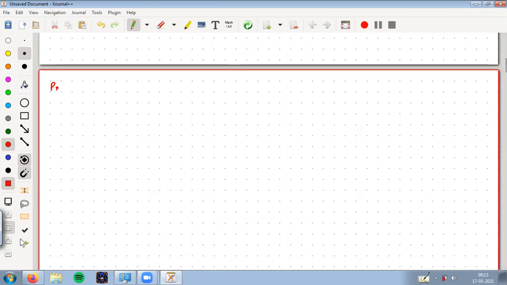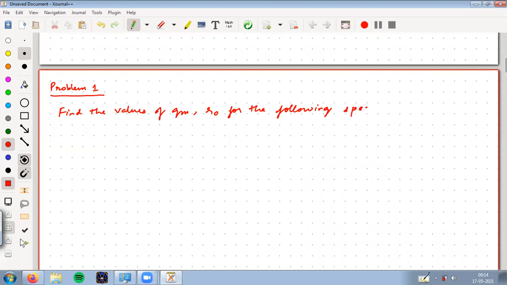I will do a problem. First one, what you have to find is the values of GM and R naught for the following specifications.